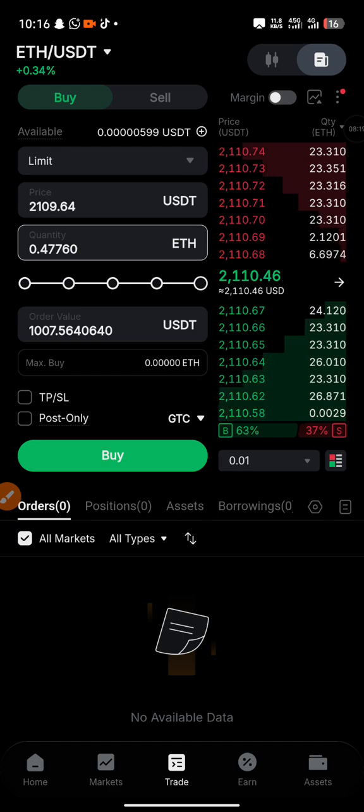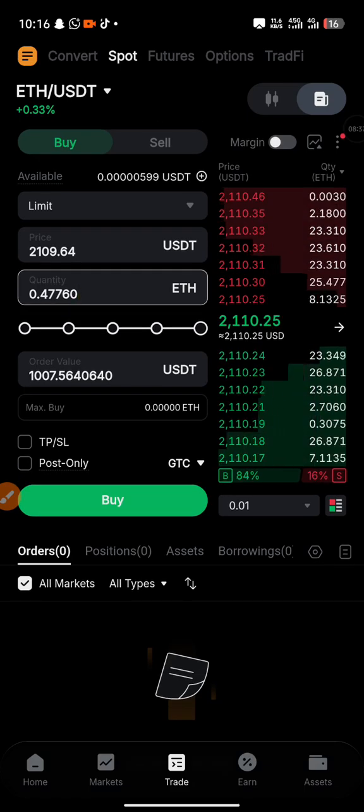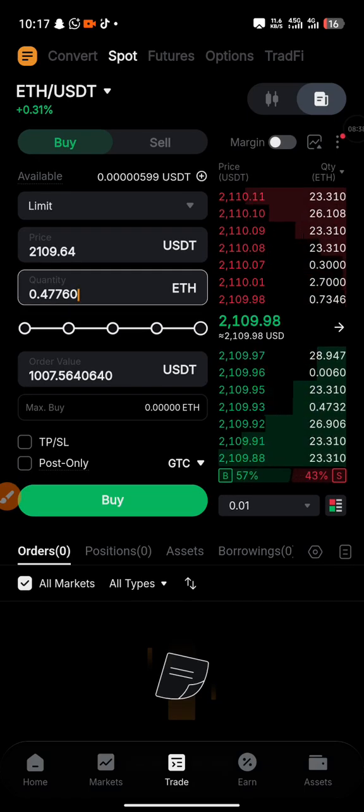Keep doing this. You can do this one time, 2 times, 5 times, 10 times, even 40 times a day. It does not have a limit. So keep doing this and keep making your profit.